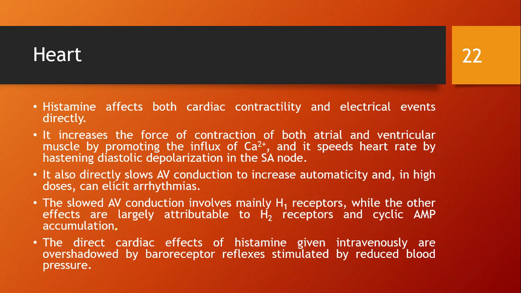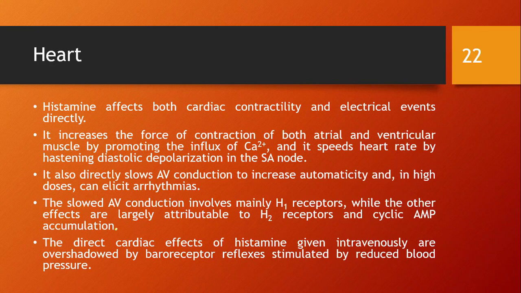Okay, so the effects on the heart. Histamine affects both cardiac contractility and electrical events directly. It increases the force of contraction of both the atrial and ventricular muscles by promoting influx of calcium, and it speeds the heart rate by hastening the diastolic depolarization in the SA node.